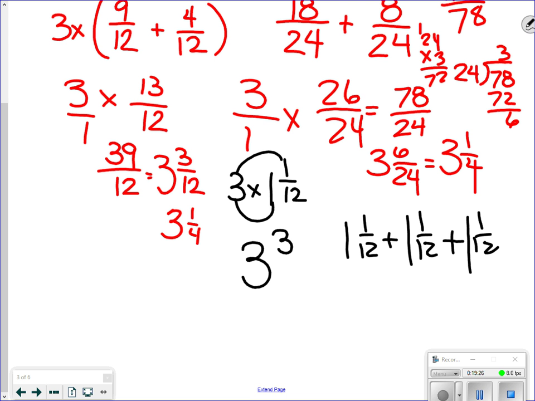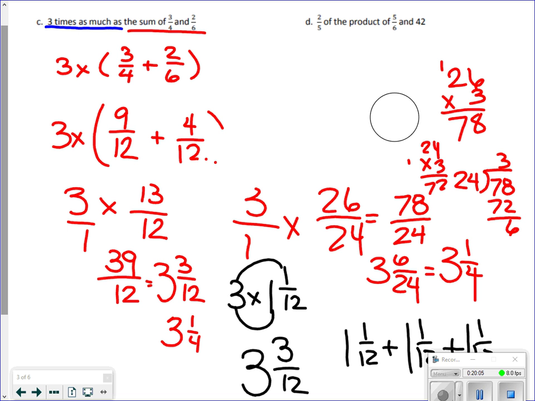That's why it's 3 times the whole number, 3 times the numerator, and you leave the denominator alone because you never add your denominator. That's how you get 3 and 3/12. You multiply the whole times the whole, times the numerator, leave the denominator alone. So there were multiple ways that you could solve that problem.